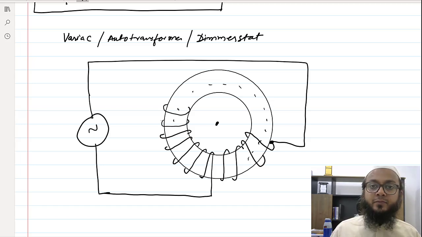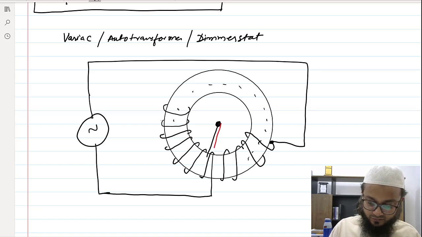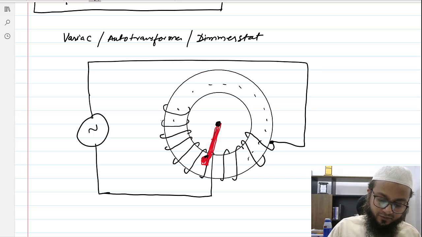Now in the center we have one rotary arrangement, and on this we have a carbon brush. This carbon brush helps in tapping the power on these number of turns.